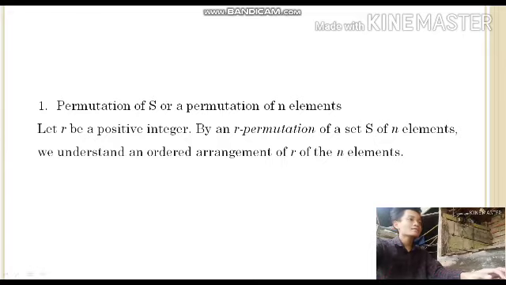Next, permutation of S, or a permutation of n elements. Let r be a positive integer. By an r-permutation of a set S of n elements, we understand an ordered arrangement of r of the n elements.